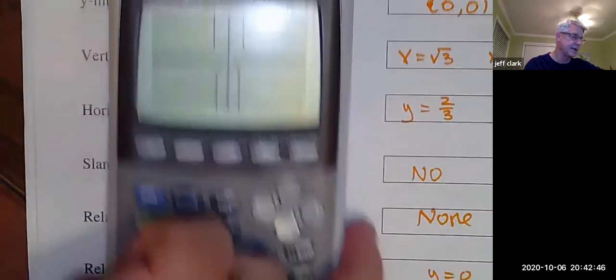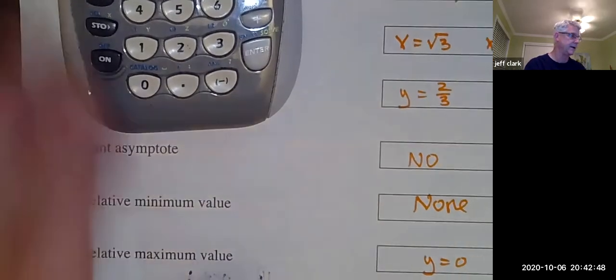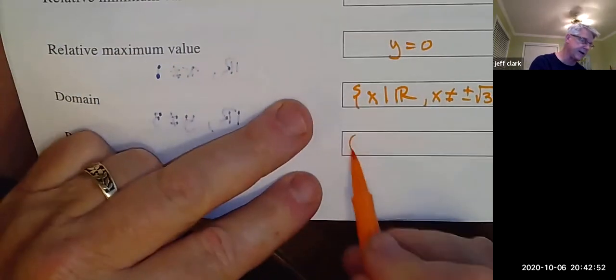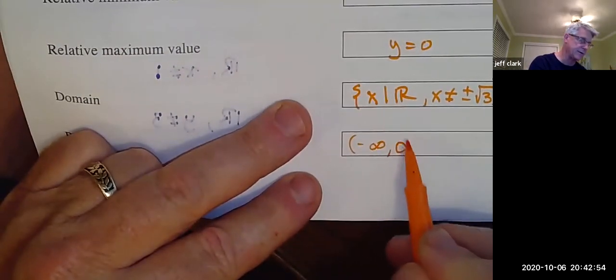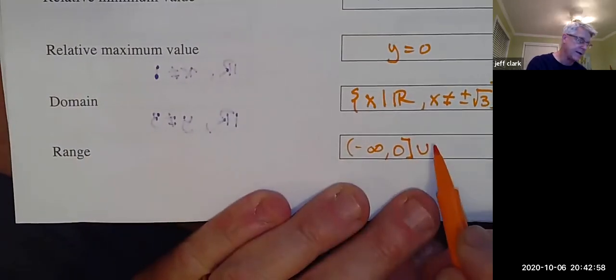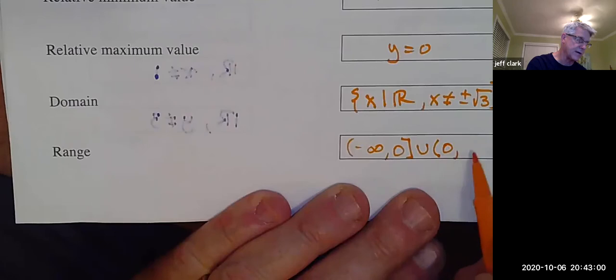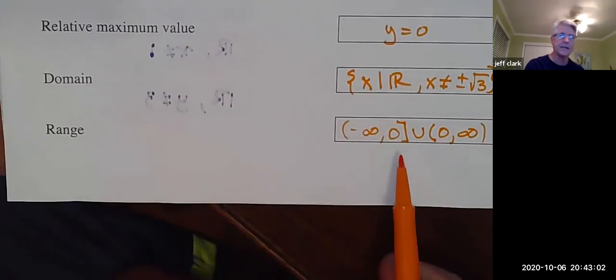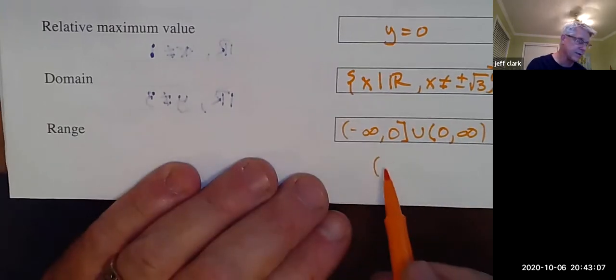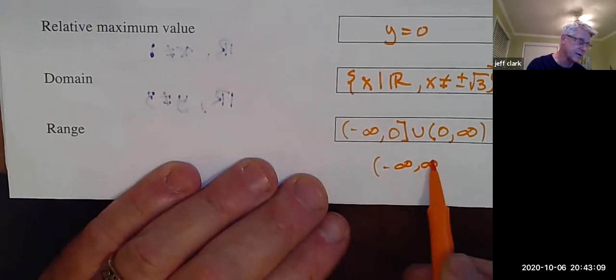So for range, you have negative infinity up to 0 bracket, because you actually get it, union, and then you start over again at 0 comma infinity. But because I use it here and I didn't there, I get everything anyway. So really it looks like it's all real numbers.